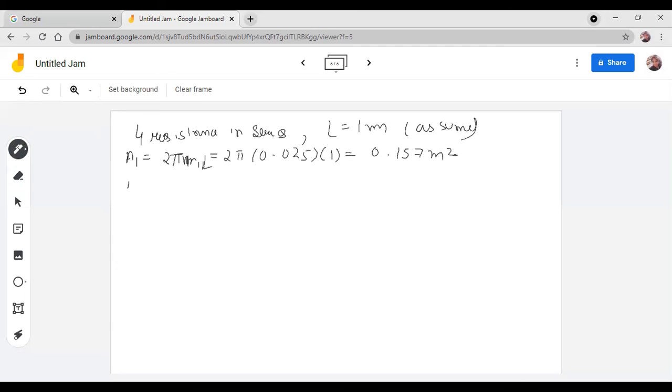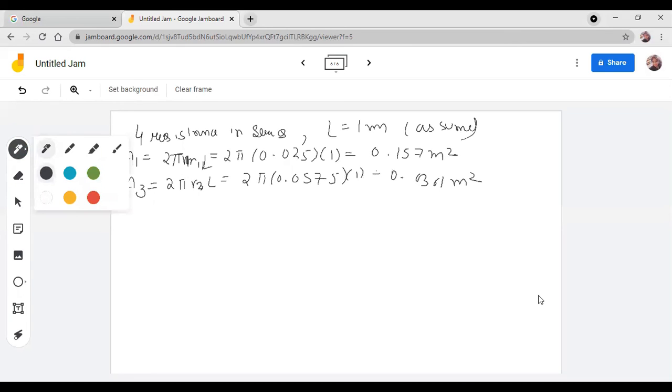And next is A3, 2 pi R3 L, which is equal to 2 pi into 0.0575 into 1, equal to 0.361 meter square.